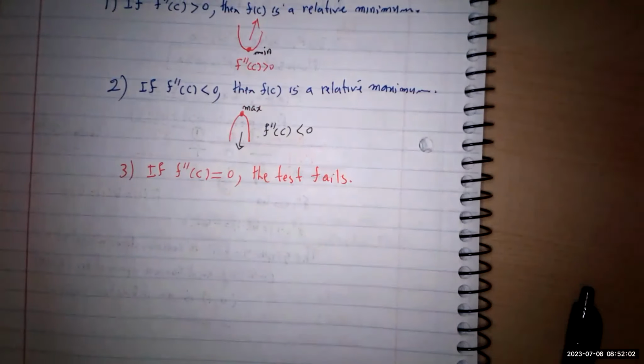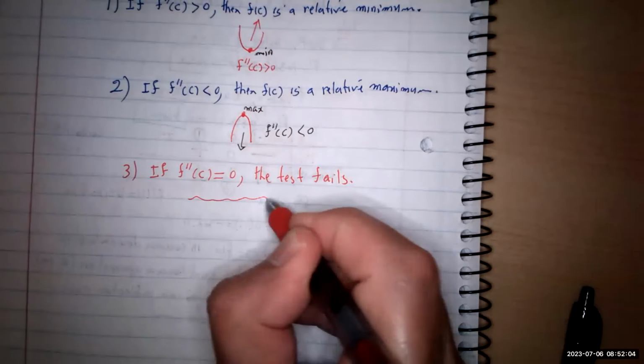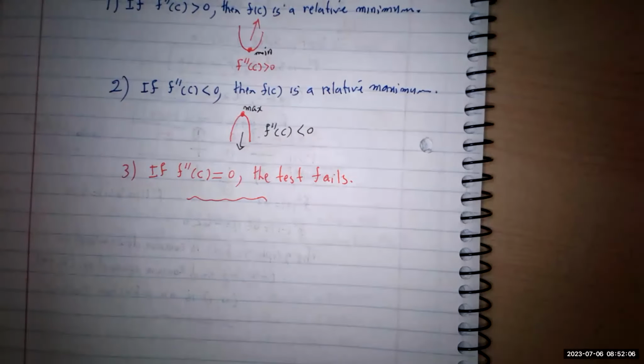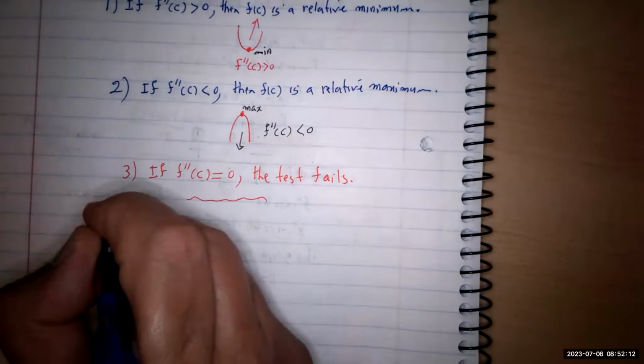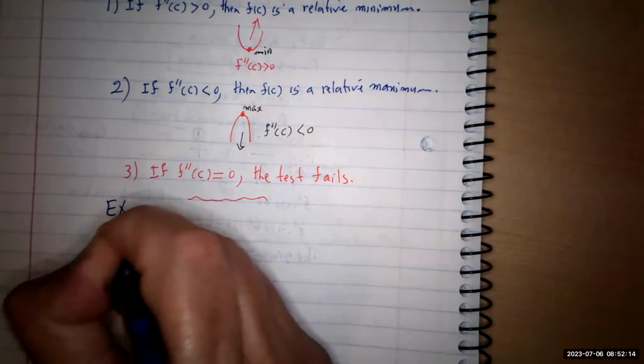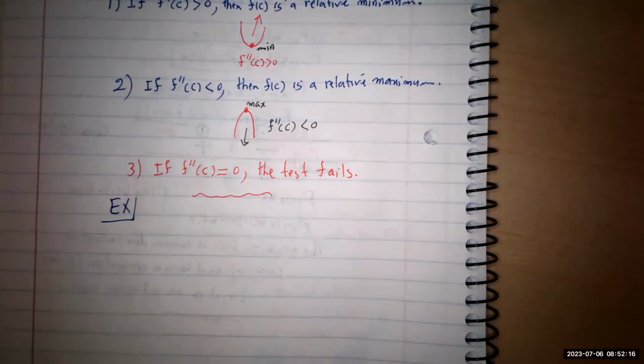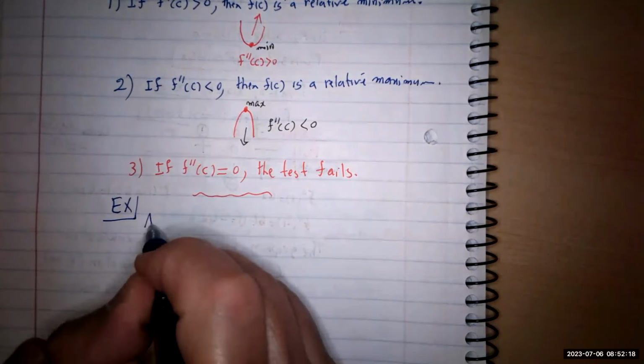Let's give one example, then we can go over the same problem from your practice one. Example: a function would be given, and you've been asked to apply the second derivative test.